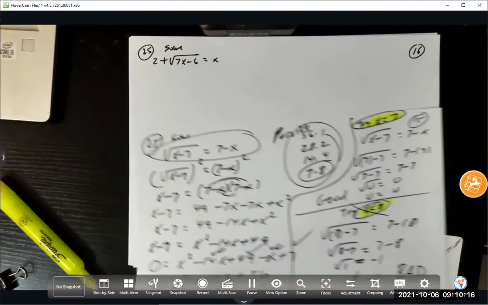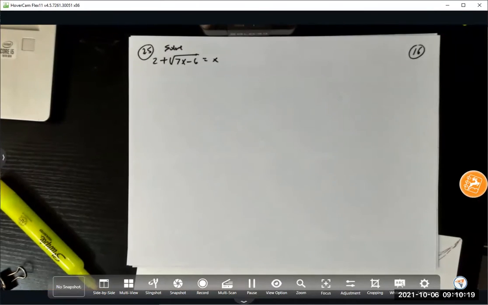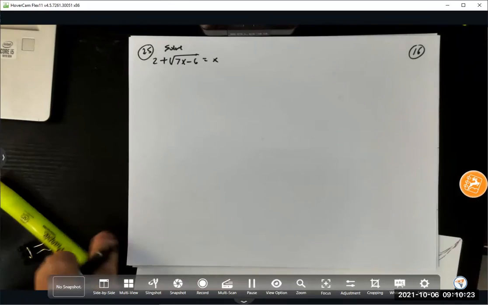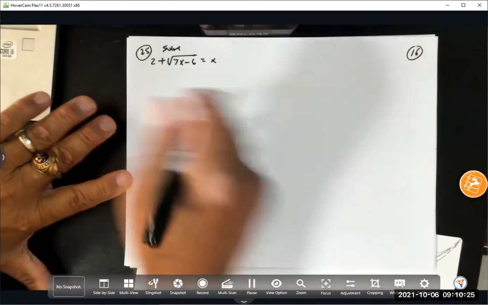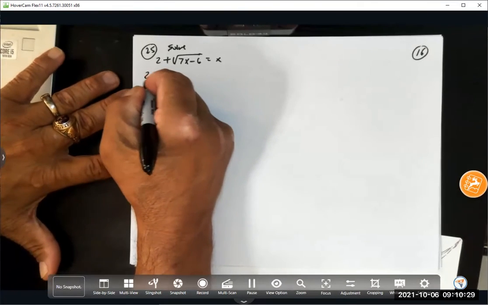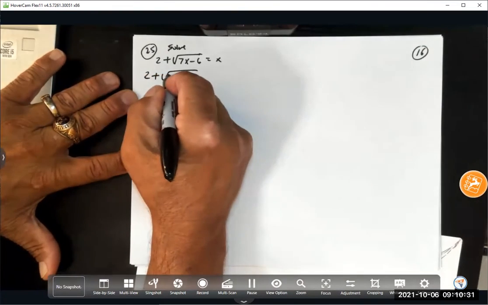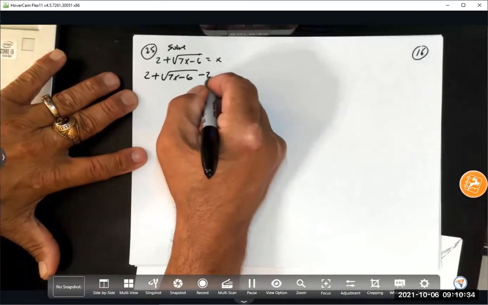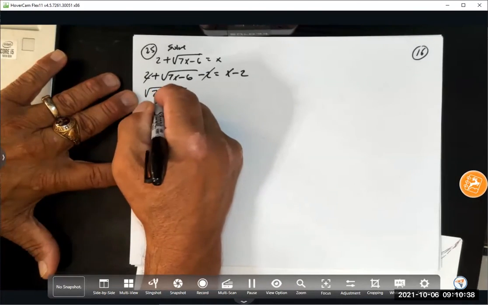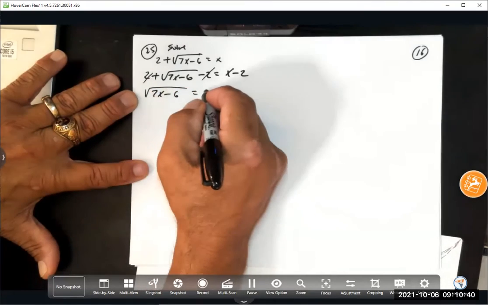So what I'm gonna do is go ahead and rewrite it first. It's gonna be 2 plus square root of 7x minus 6 minus a 2, x minus a 2. I know these are gone. So 7x minus 6 equals x minus 2.